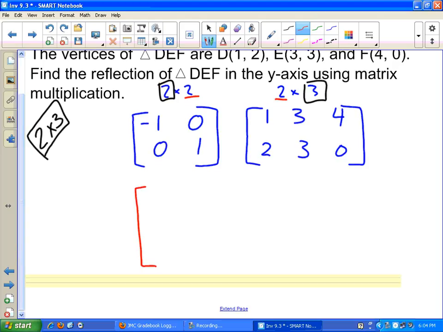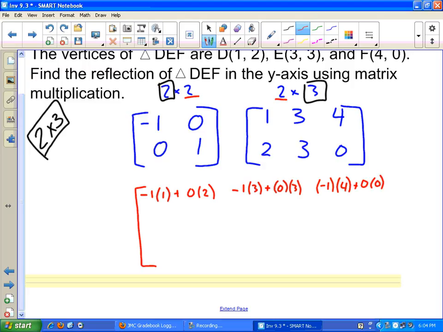Start out with -1 times 1 plus 0 times 2. Then we have -1 times 3 plus 0 times 3. Then -1 times 4 plus 0 times 0.